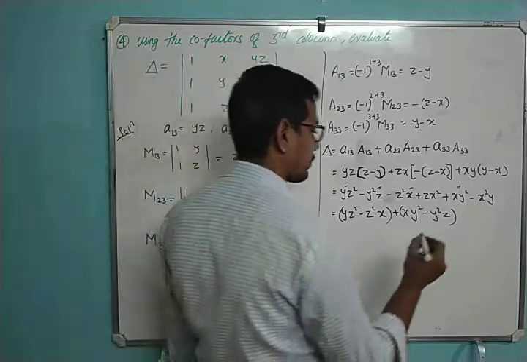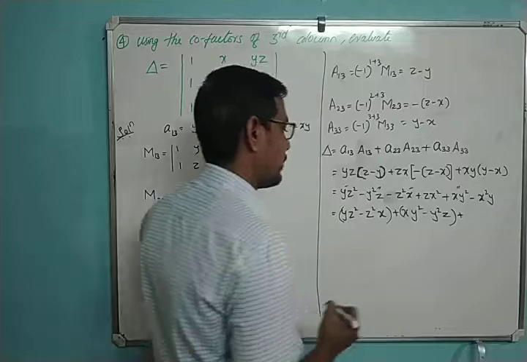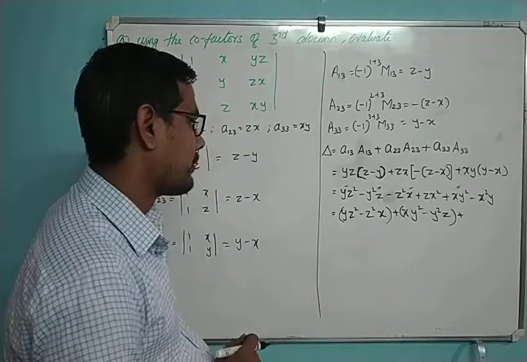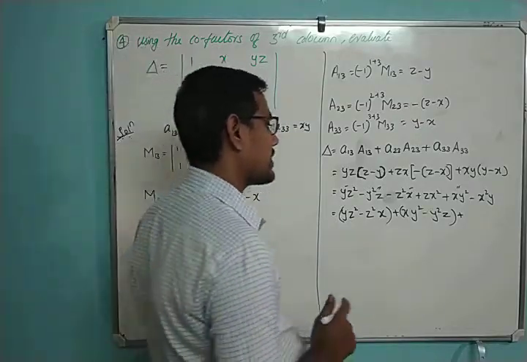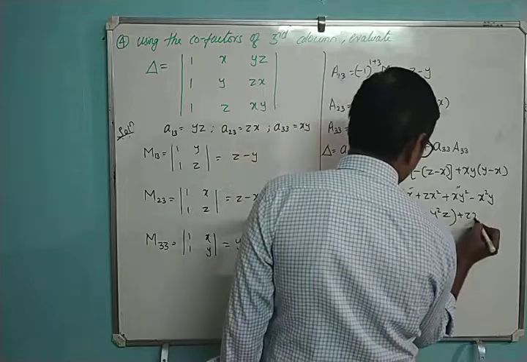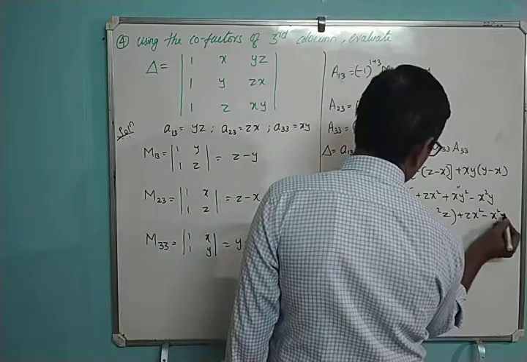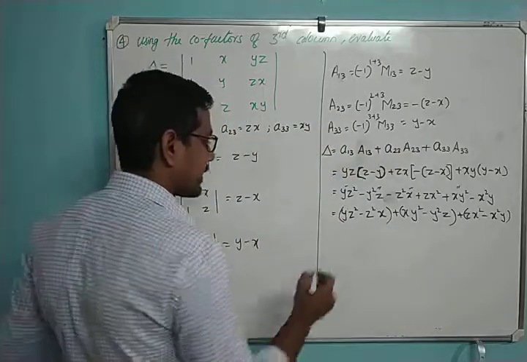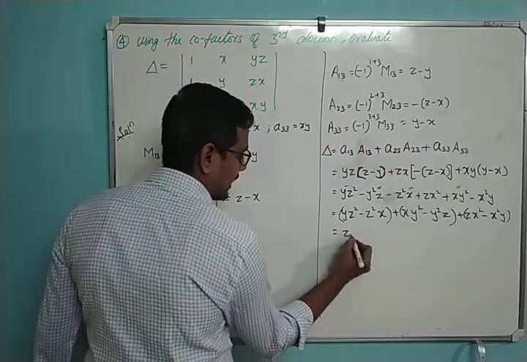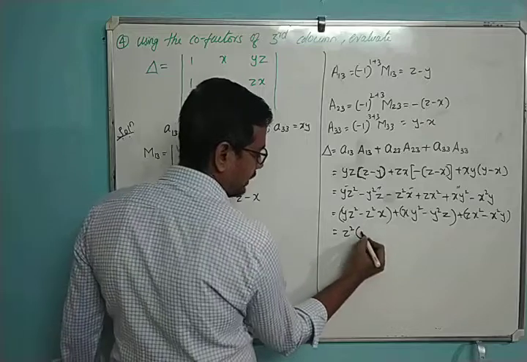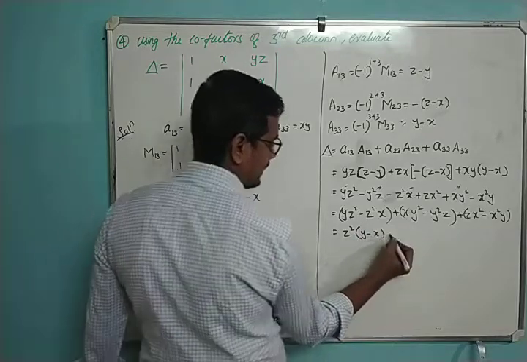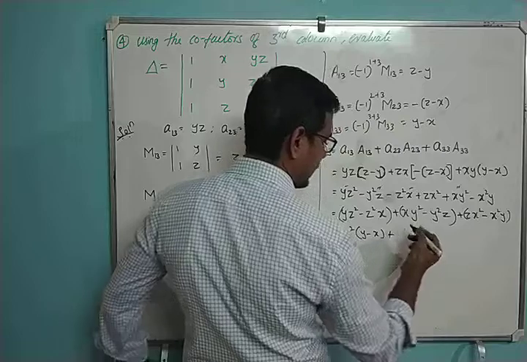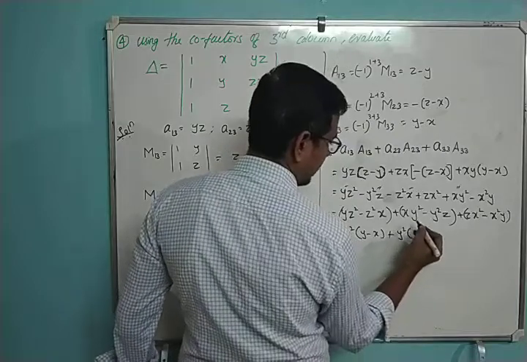Okay. Plus, so what is left next? ZX square minus X square Y. ZX square minus X square Y. Right. So here I can take Z common. So if I take Z square common, what will be left? Y minus X. Plus here if I take Y square common, what will be left?